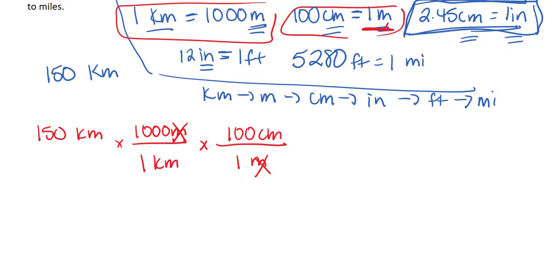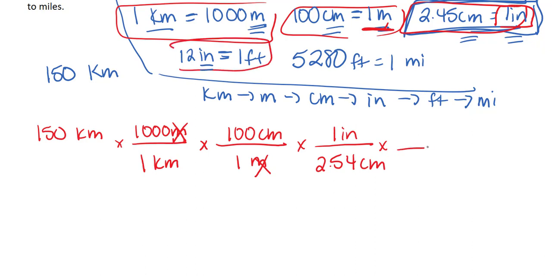Now if we need to get centimeters on the bottom, we're going to use the 2.54 centimeters to 1 inch. And then we have 12 inches is equal to 1 foot, and 5,280 feet is equal to 1 mile. And so we've set it up.